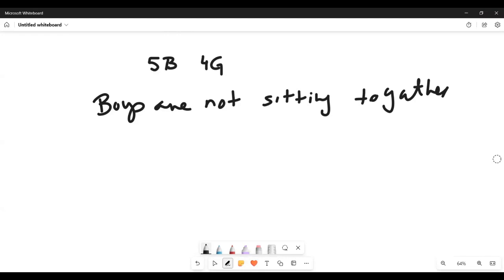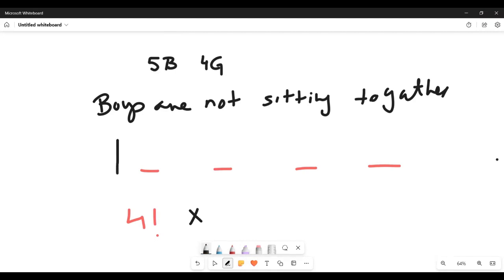So when such questions come up, what you have to do, you first make space for the girls. 1, 2, 3, 4. 4 girls, 4 seats, 4 factorial. Times, now the boys cannot sit together.